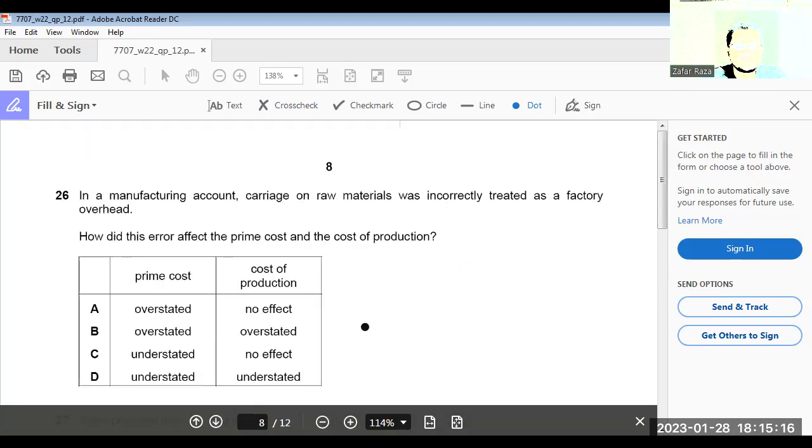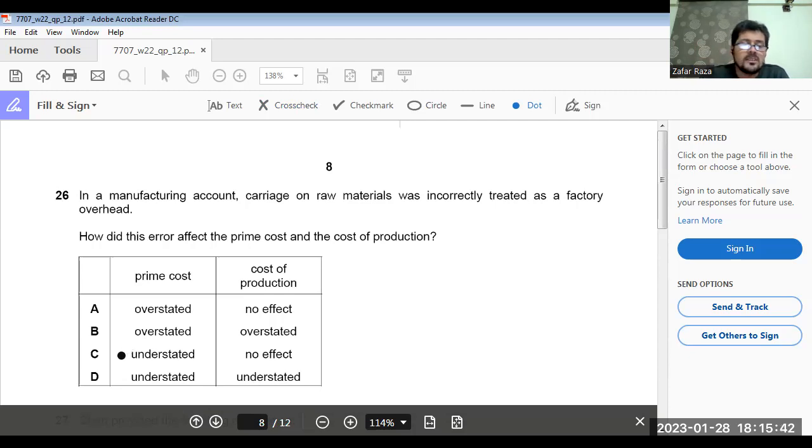Okay. In a manufacturing account, carriage on raw material was incorrectly treated as factory overhead. How did this error affect the plant cost? Now, if we do not include carriage on raw materials, definitely our prime cost is understated. But ultimately, this carriage on raw material is going to be part of cost in the form of overhead.